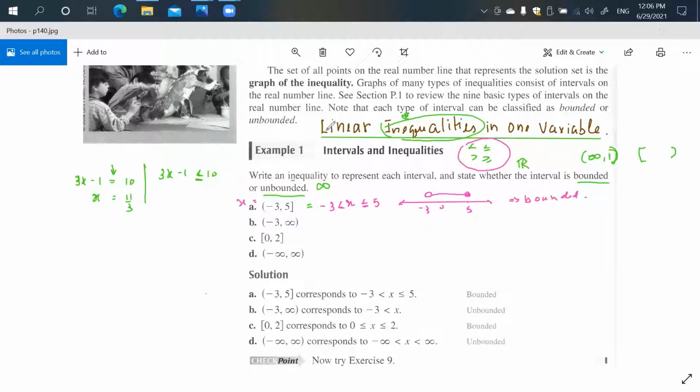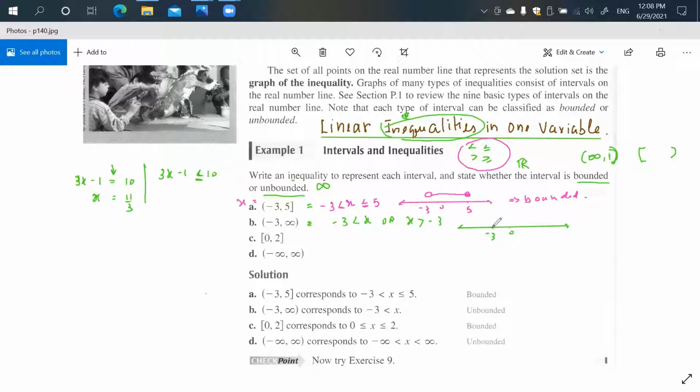Now you see question B. You can write it as x greater than -3, either one. This one is open on one side, and there's no equal sign. Again, when you plot it on the number line, for example there's a 0 right here, and -3 is right here. You don't need to write -1, -2, don't waste your time.